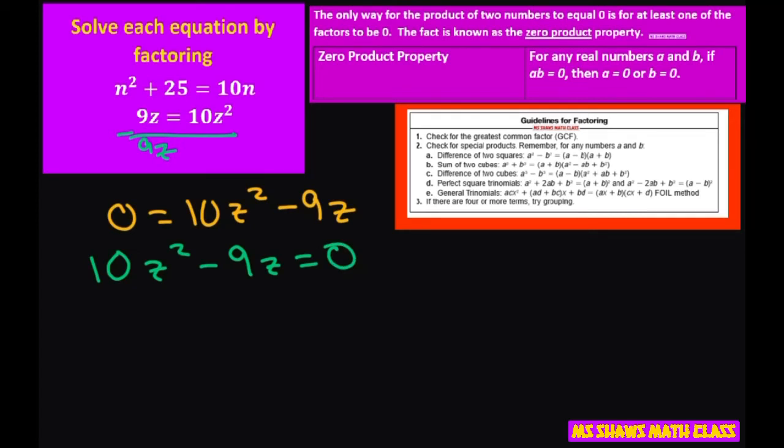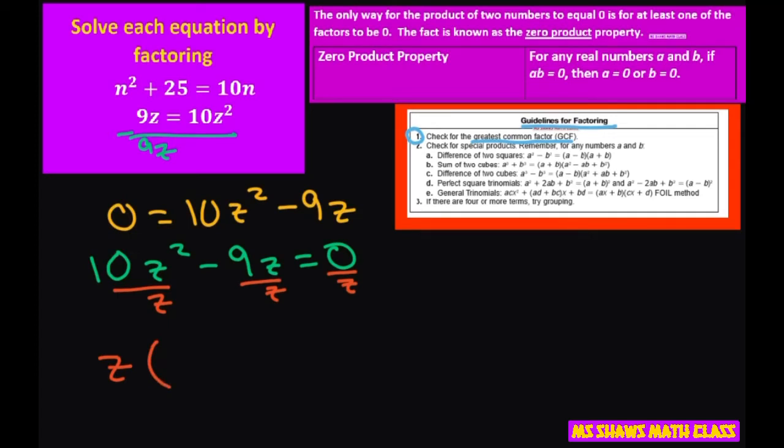Now for factoring purposes, we're going to use guidelines for factoring. Always, for guidelines for factoring, we want to check for greatest common factor. And that means I can divide everything by c here. And instead of losing the c, I just pull the c out.